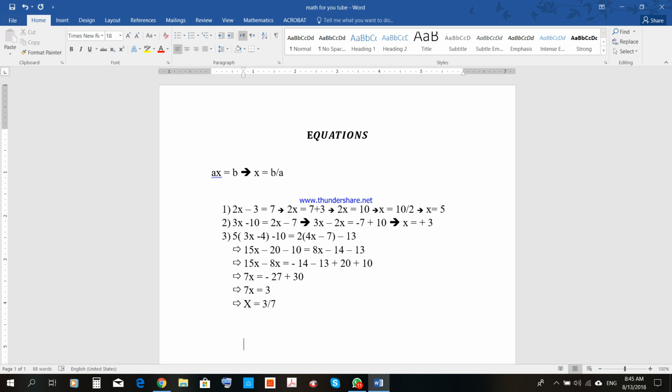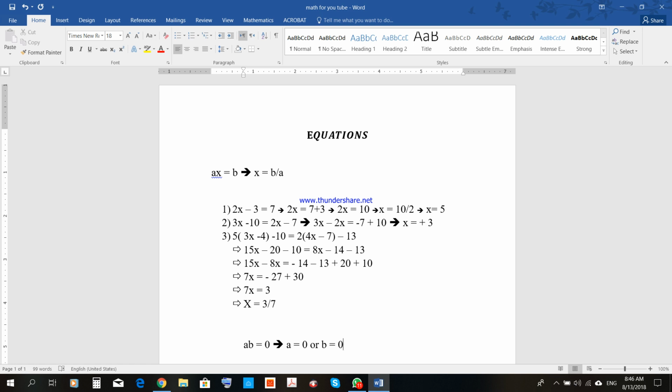Now we have, for example, AB equal 0. This means that A will be equal to 0 or B equal to 0.